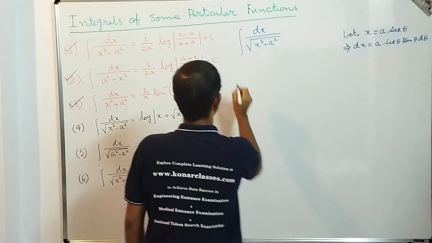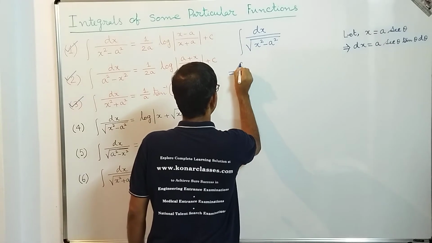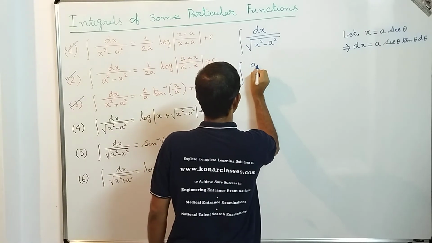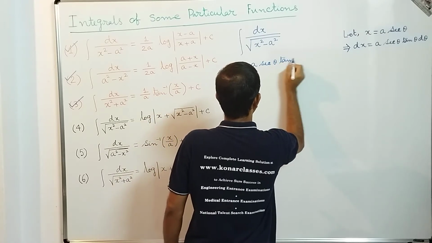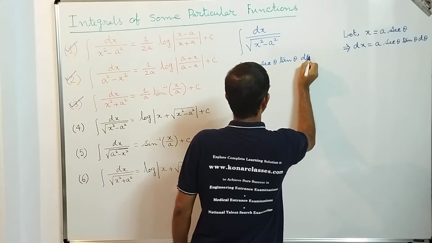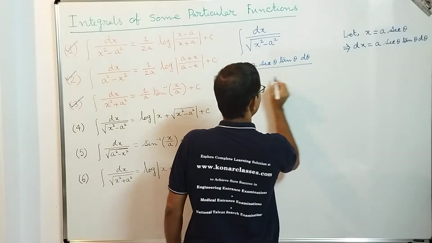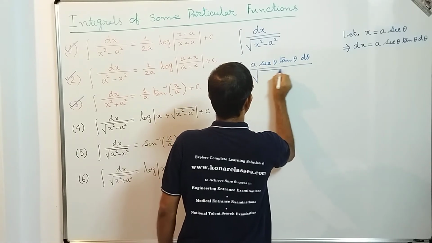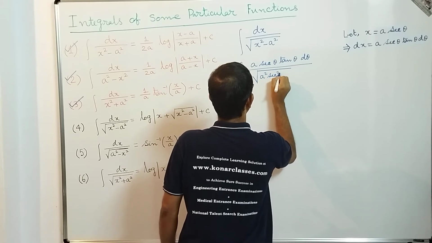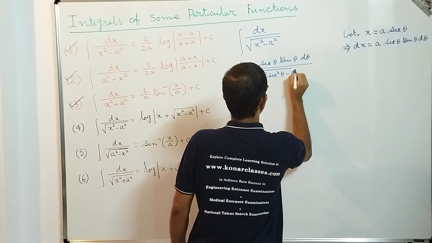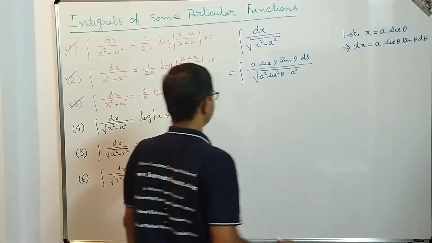So dear students, if we write it here, dx is equal to a into sec theta into tan theta into d theta divided by square root of x square, which is a square sec square theta minus a square. Correct?